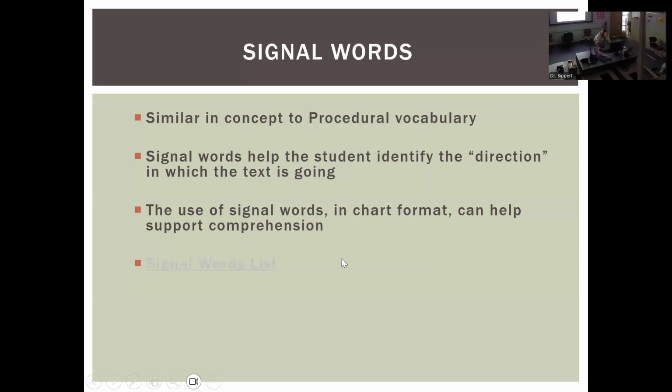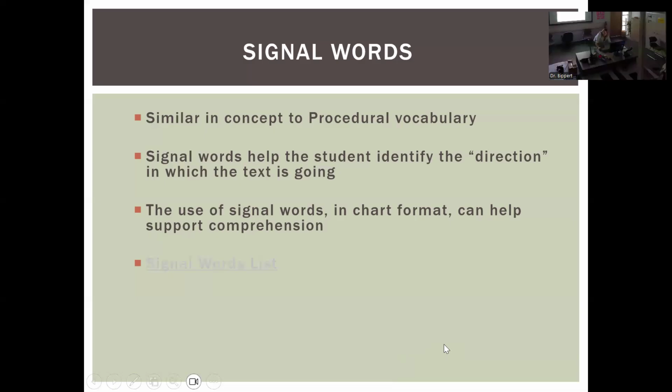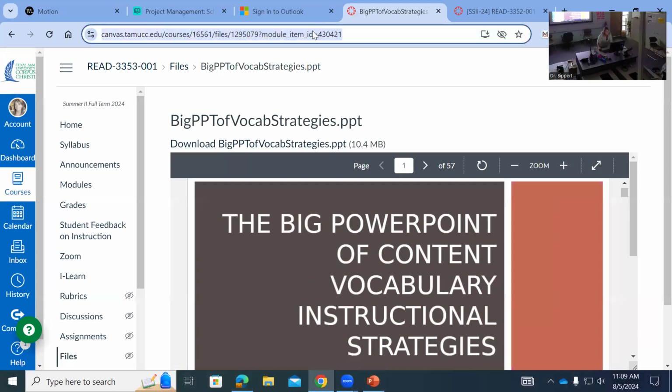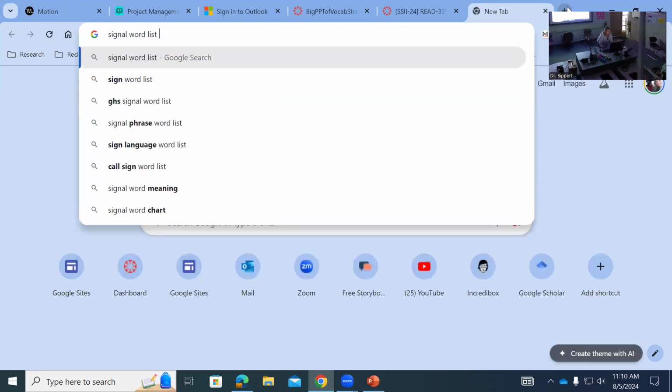But I think what they did on this website is they chunked it and they kind of changed the web pages. So I'm not going to go to their web page. I'm just going to go here and type in, do it with a new tab because I need those tabs. Signal word list. Okay.